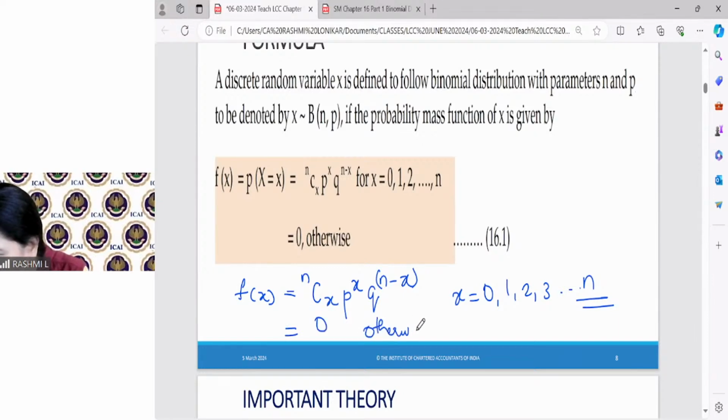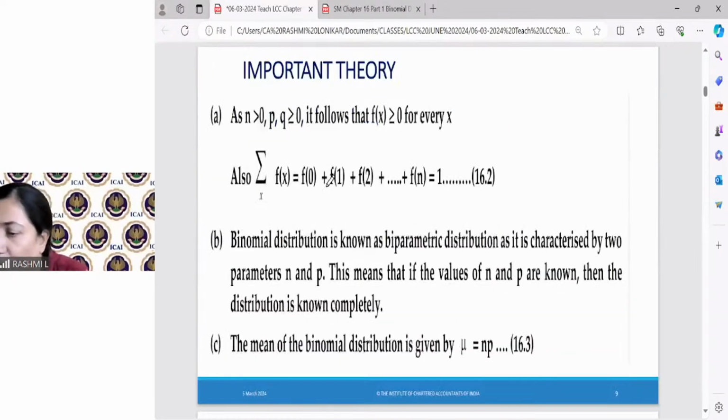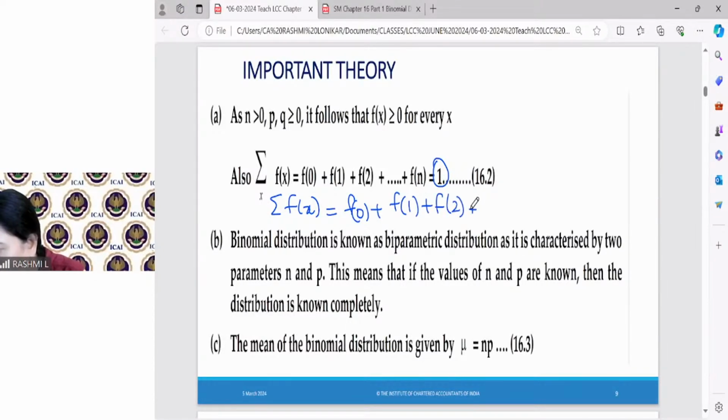That means if I have 1.2, 1.3, we will not be using this. X should take only discrete values. Then what is important is that if I add all of f(0), f(1), f(2) up to f(n), it should give me 1. So the summation of f(x), which is the addition of f(0) plus f(1) plus f(2) and so on up to f(n), should add up to 1.